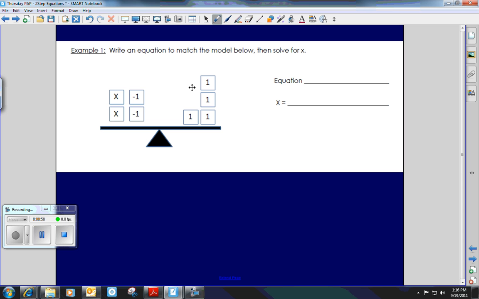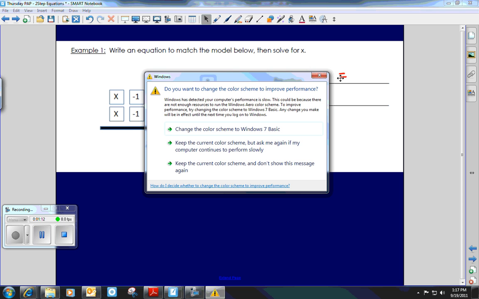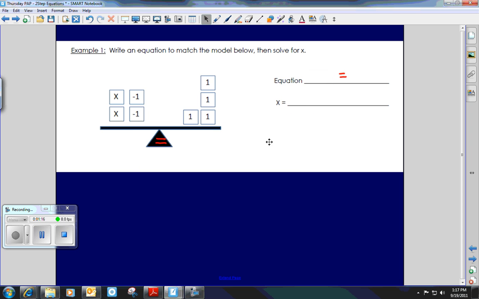In example number 1, first we're going to write an equation to match this model. To write this equation, we're going to count our number of x's. Remember, this is the equal sign. So on the left side of the equation, I'm going to have two x's, so that's going to be 2x.